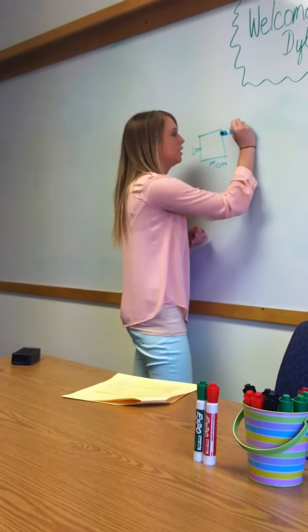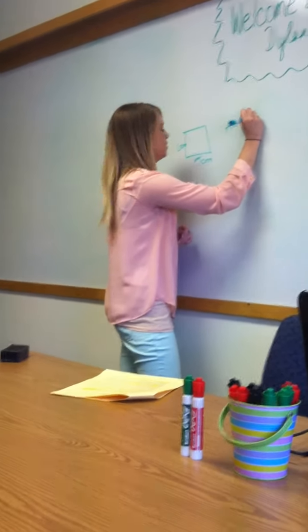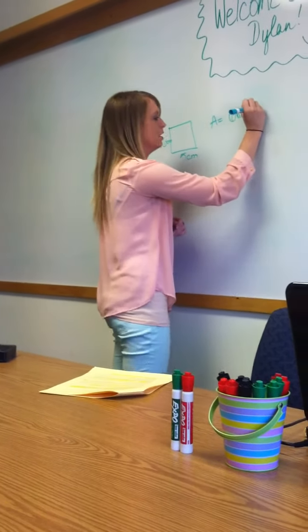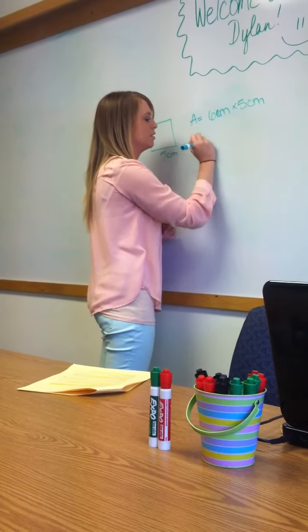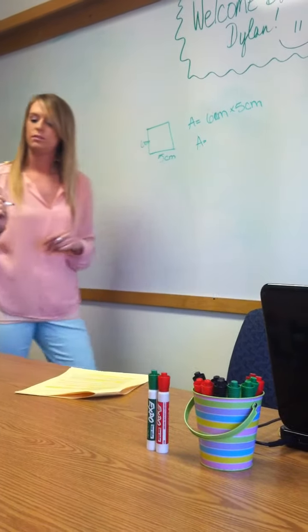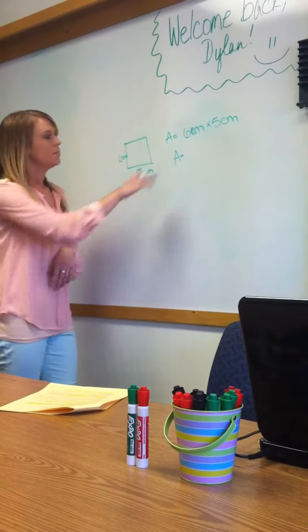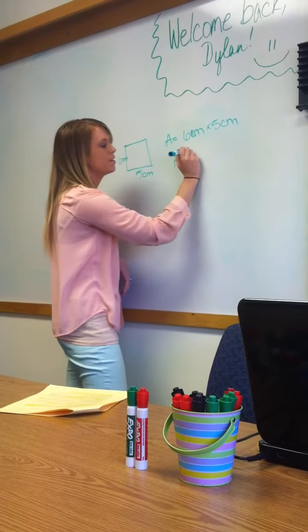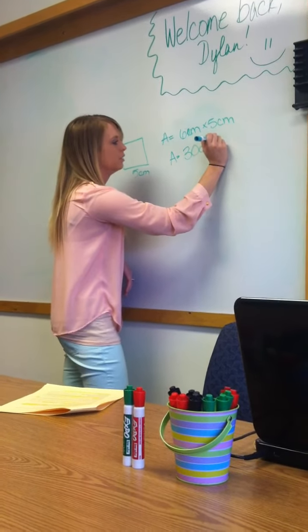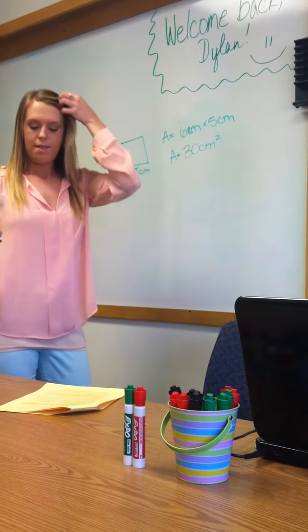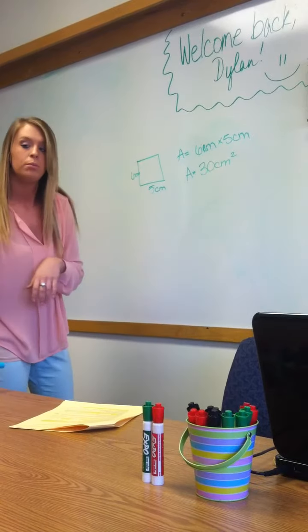So here we'll take the area is equal to 6 centimeters times 5 centimeters. And I see that you're doing a good job at following along. So area is going to be the 6 times the 5, which is going to be 30 centimeters squared. And then we are going to now take a look at volume.